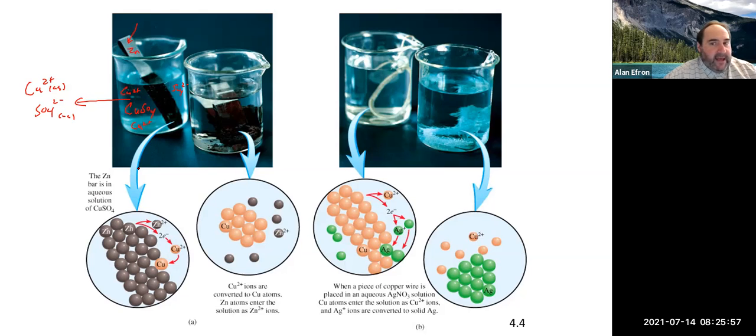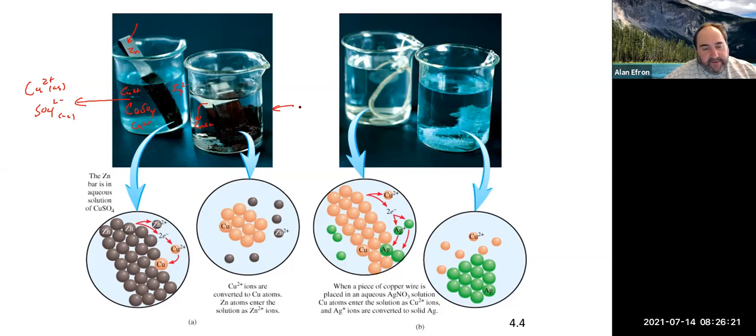And basically what's going to happen in this case is the zinc is going to lose electrons. When it loses electrons, the zinc will go from the solid zinc, a way to think about it, and will jump off of the solid and into the solution as zinc with a +2 charge.